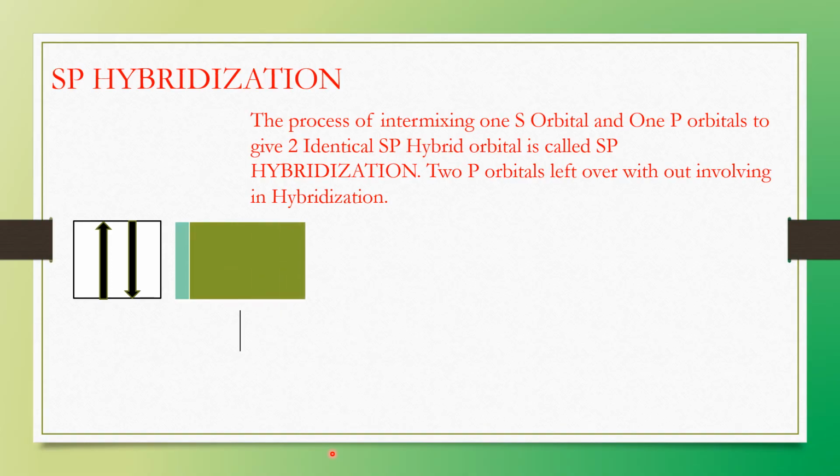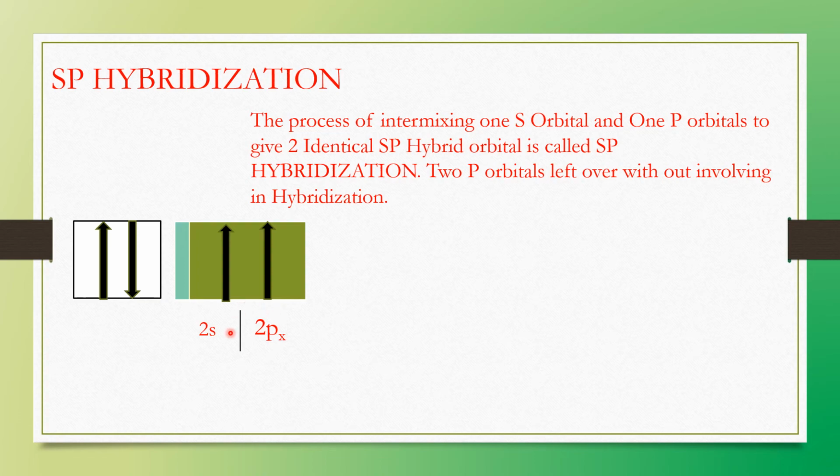Now look here, the electronic configuration of carbon. This is 1s2. Now, as I already told you, one s orbital and one p orbital are intermixing, that is, 2s1 and 2px1.